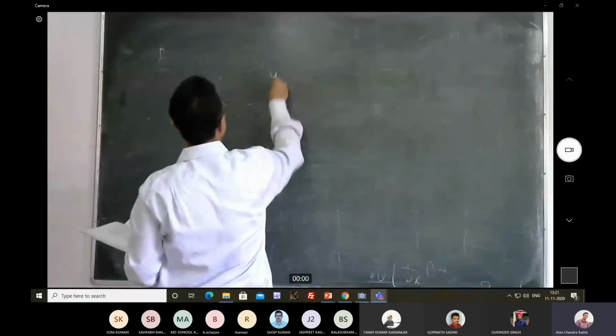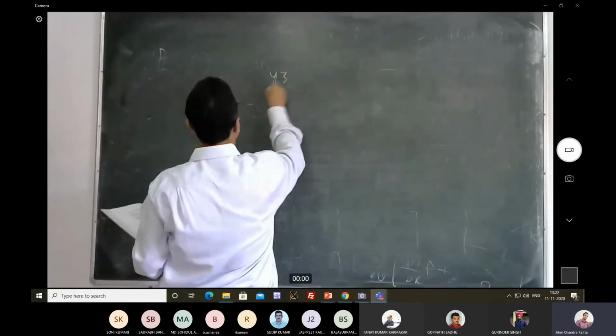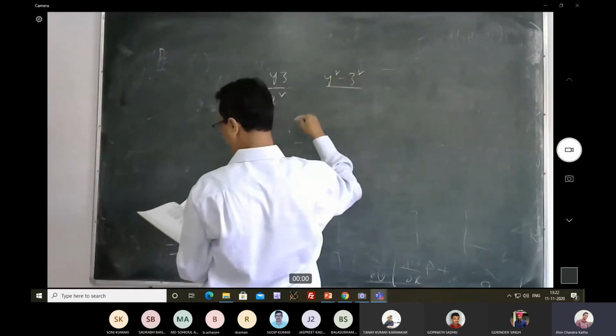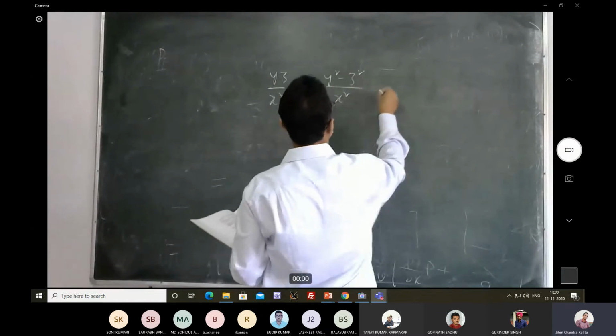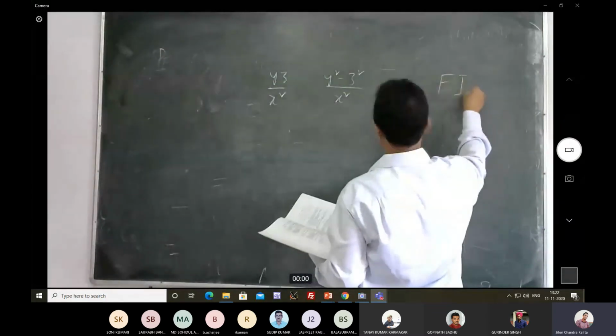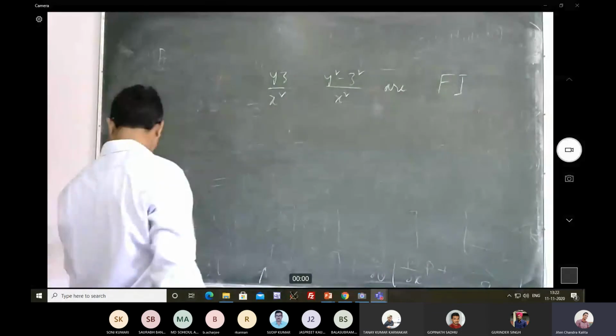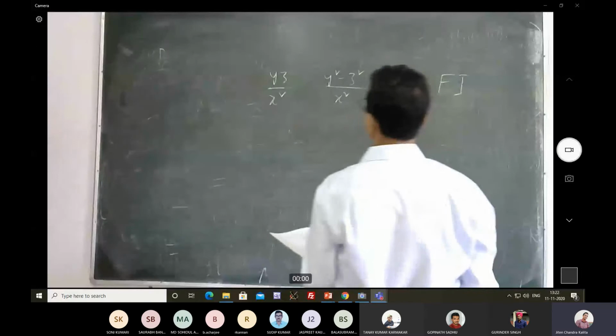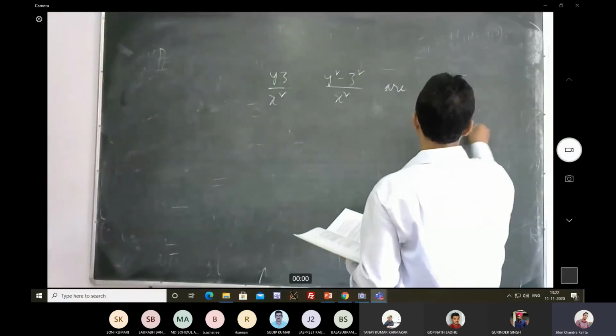I was looking for a harder exercise, but again, firstly, you have to show that yz by x squared and y squared minus z squared by x squared are functionally independent. Functionally independent. That is one thing.